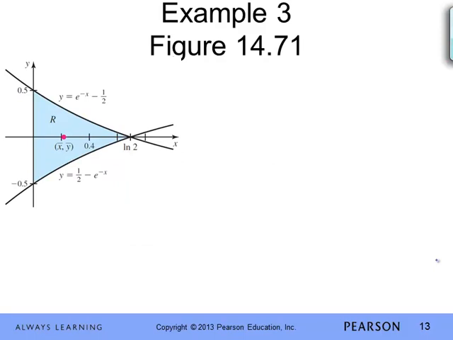Let's do an example. Number 3 on page 1047. Now, when they ask you to find the centroid, the centroid is basically the geometric center. So imagine that you've got this 2-dimensional object with density of 1.